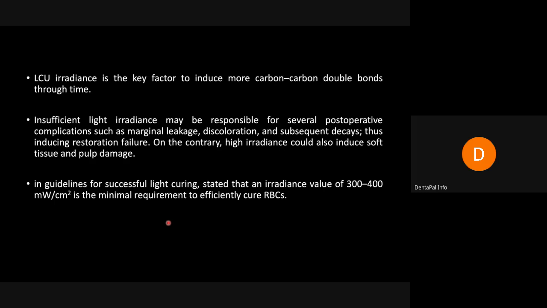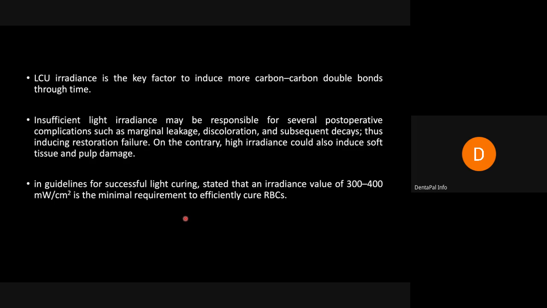So we have to follow the manufacturer's instructions when we choose the light cure device. There will be a text saying this composite could be activated by 300 to 400 microwatt per centimeter square, or maybe 700 microwatt per centimeter square.